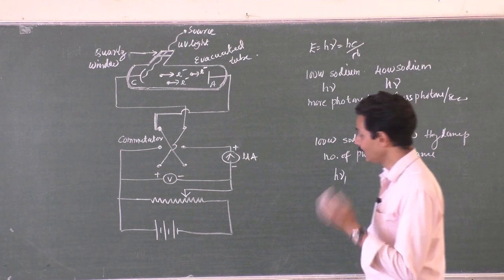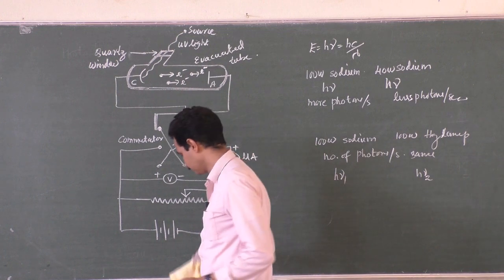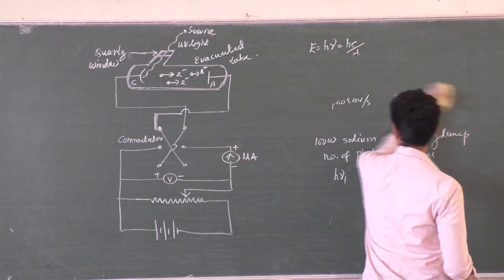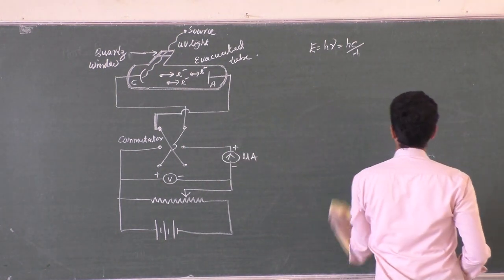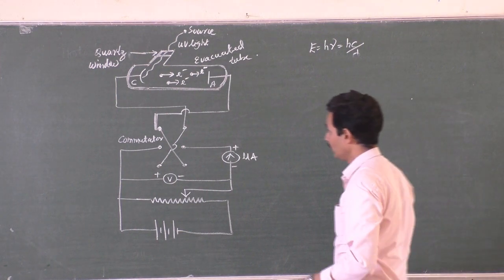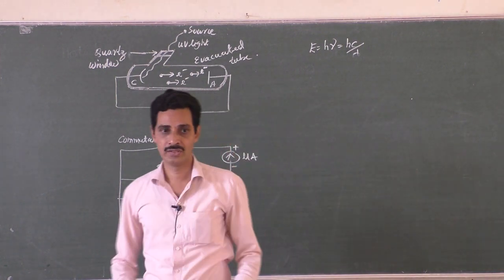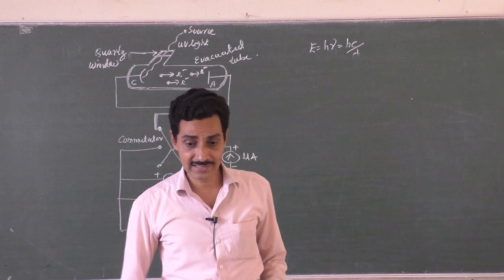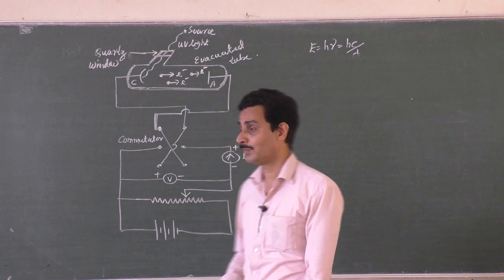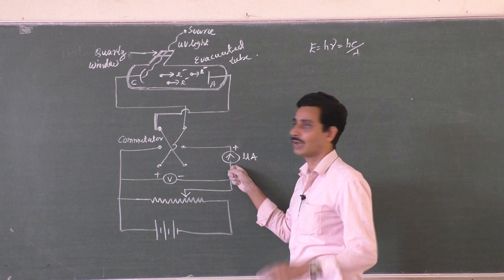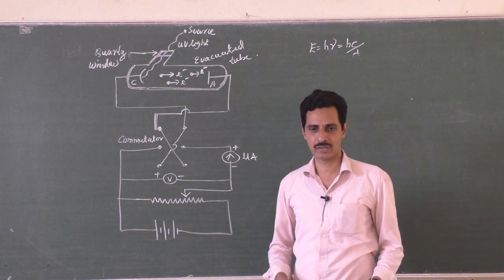Okay, so they did the experiment by doing so many things. First one is they increased the brightness. When the intensity of incident light is increased, suddenly they came to know that photoelectric current went on increasing. More and more current they got.